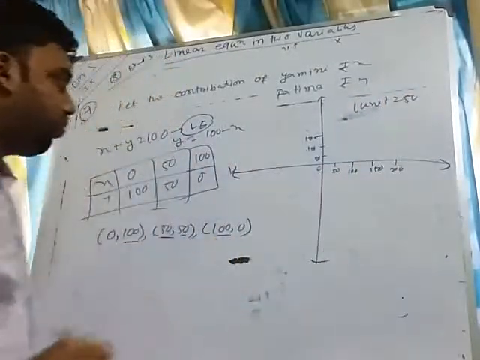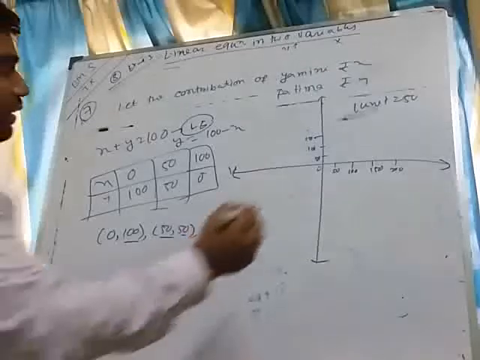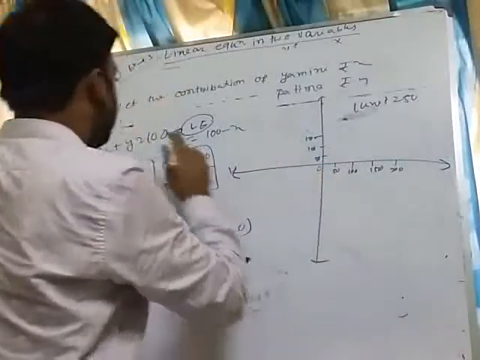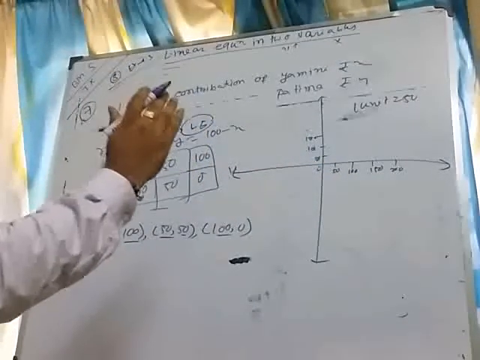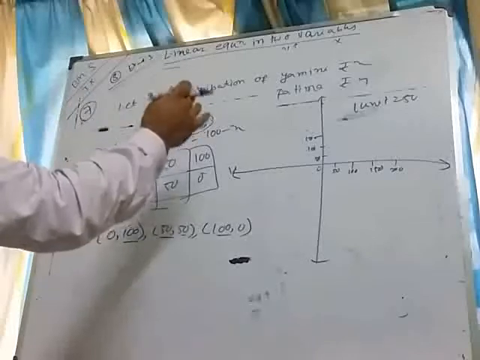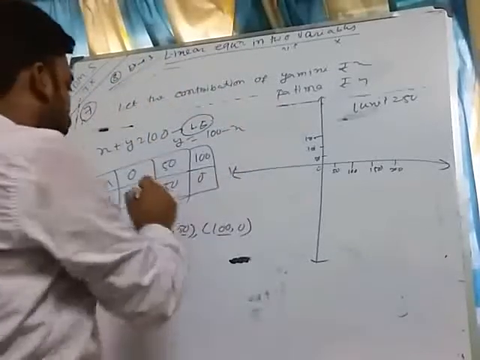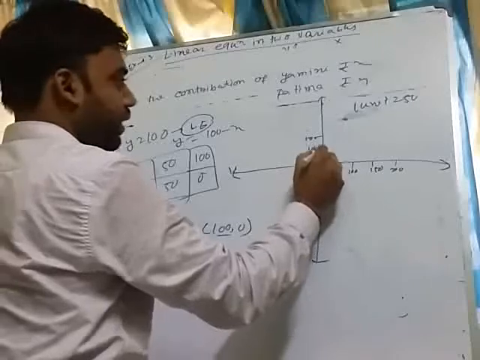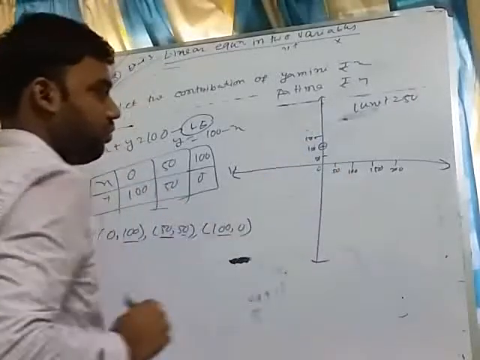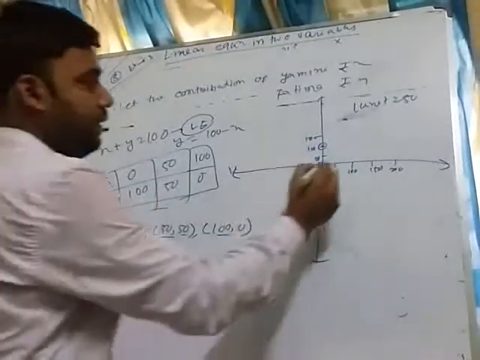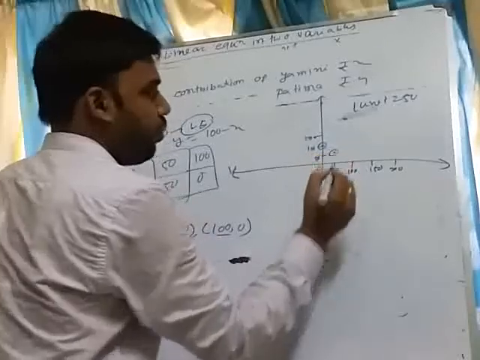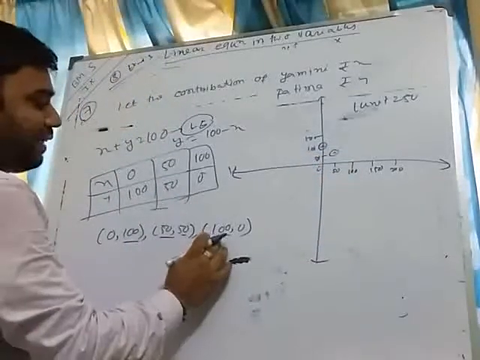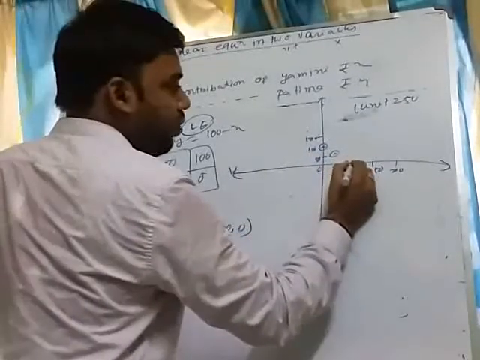Okay. Now X in this graph, that is the X axis, represents the money given by Yamini, and Y that of Fatima. So when X equals 0, Y equals 100, that point. Okay. 50, 50, that is that point. And X equals 100, Y equals 0.